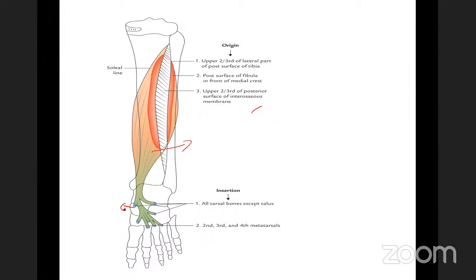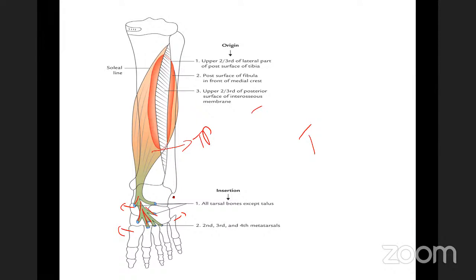After attaching, it gives many slips to many bones except the talus, and also the base of the first metatarsal and sometimes the fifth metatarsal. Except this, the tibialis posterior gives tendinous attachment to various other metatarsal bones.